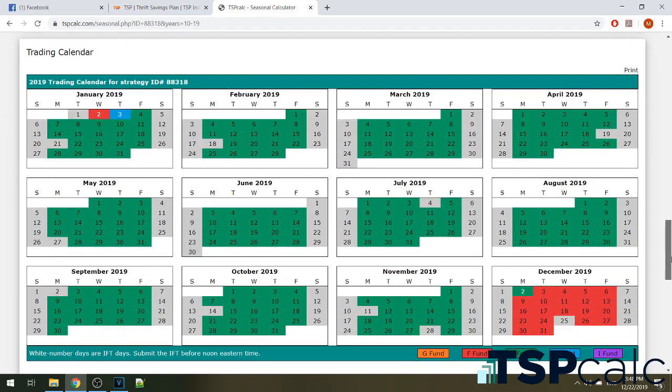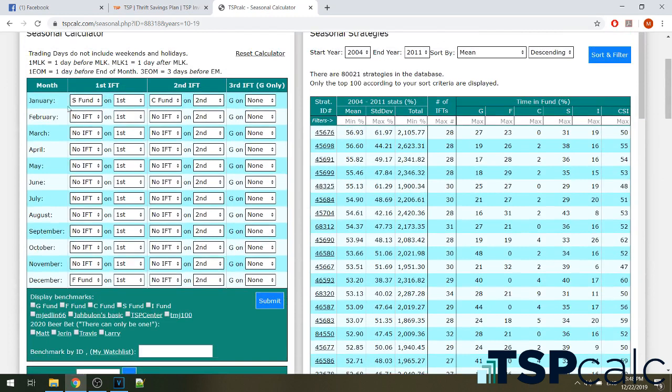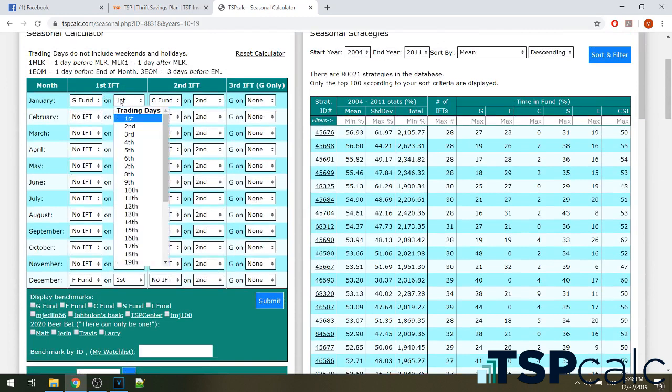Trading calendar. Okay, so this tells you exactly when to execute trades per this. Now remember we said earlier, this is actually based in trading days, which is business days. So the first trading day of January is going to be a different date every year, depending on if January 1st and 2nd fall on a weekend. The first trading day could be as late as the 4th of January.